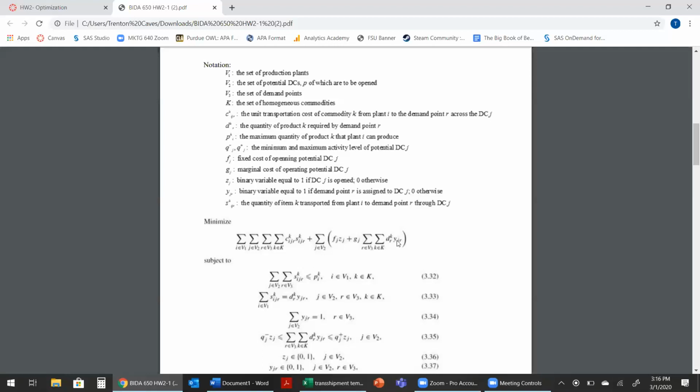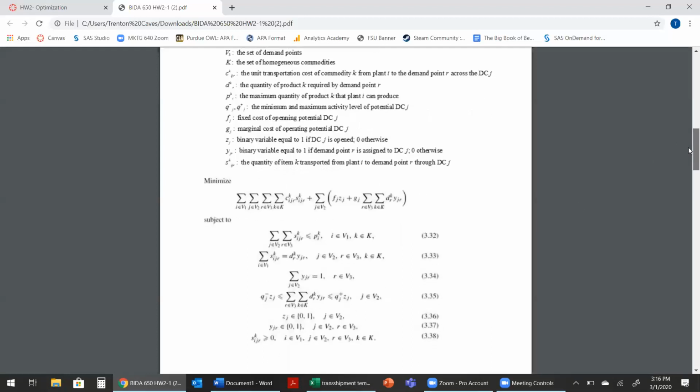All right, so section B says to explain the 5 constraints and why these limitations are considered. And we'll go through these one at a time as well.